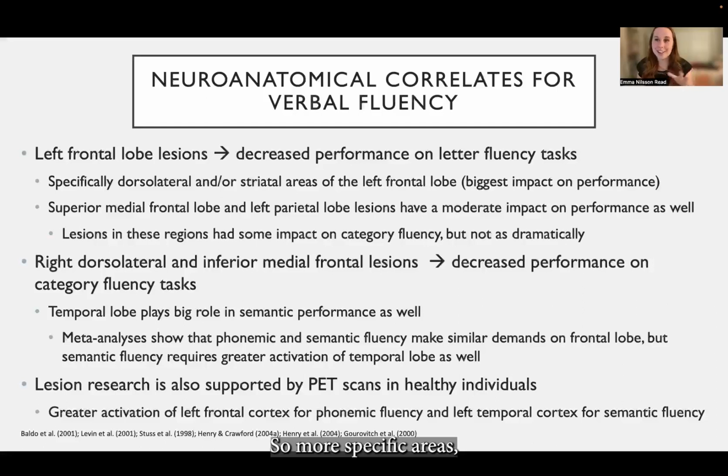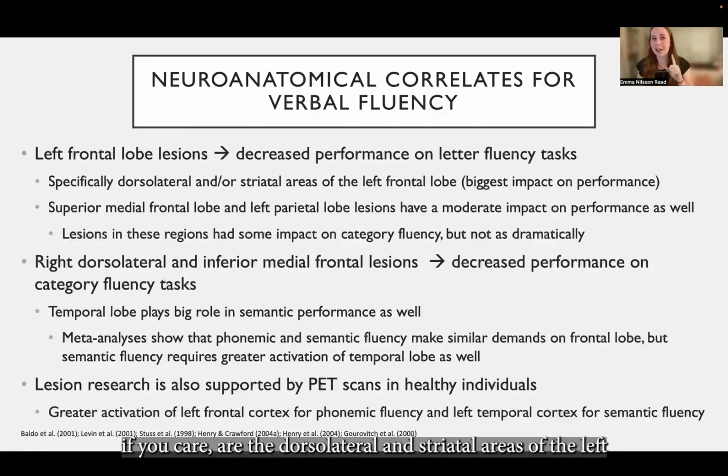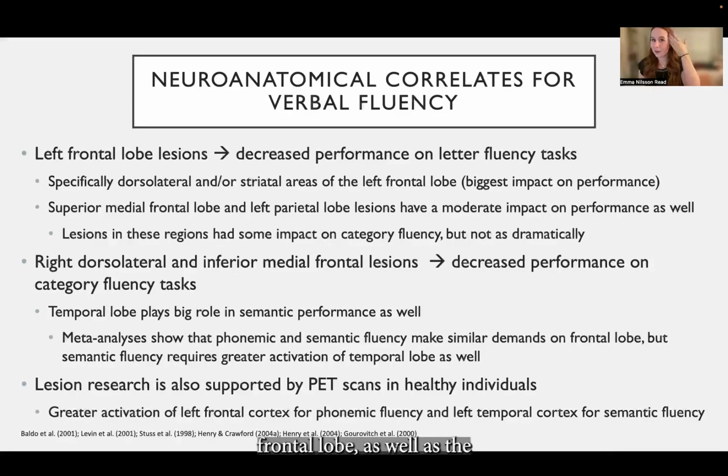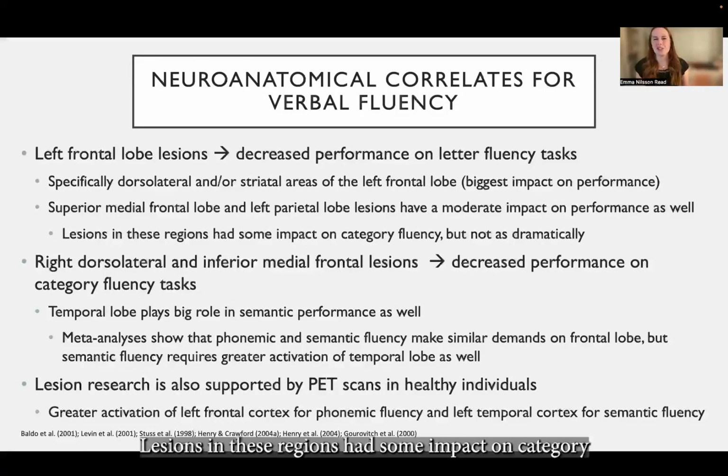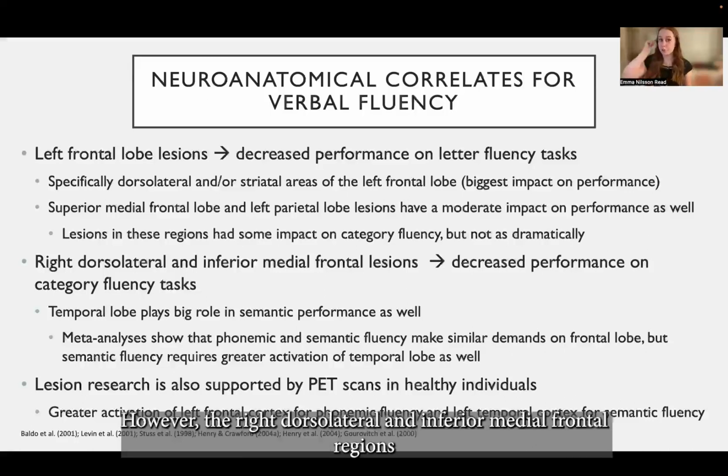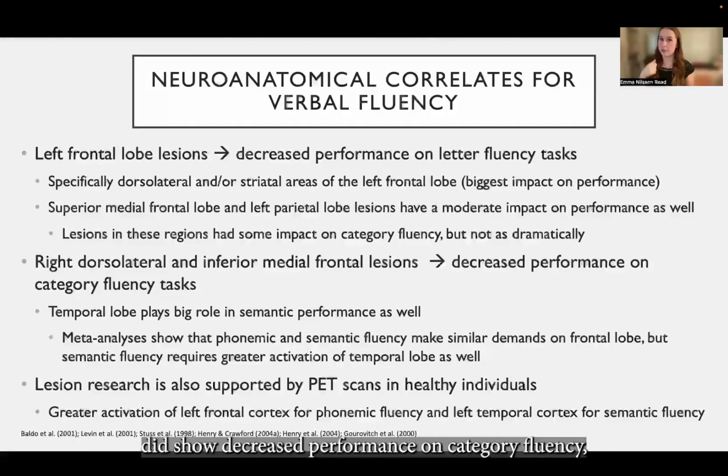Some more specific areas, if you care, are the dorsolateral and striatal areas of the left frontal lobe, as well as the superior medial frontal lobe and the left parietal lobe actually as well. Lesions in these regions had some impact on category fluency, but not as much as on letter fluency. However, the right dorsolateral and inferior medial frontal lesions did show decreased performance on category fluency.